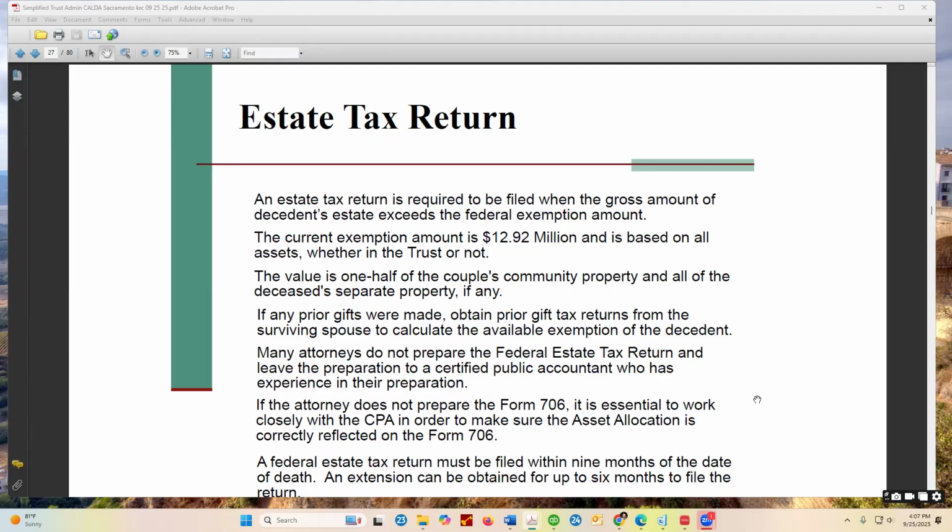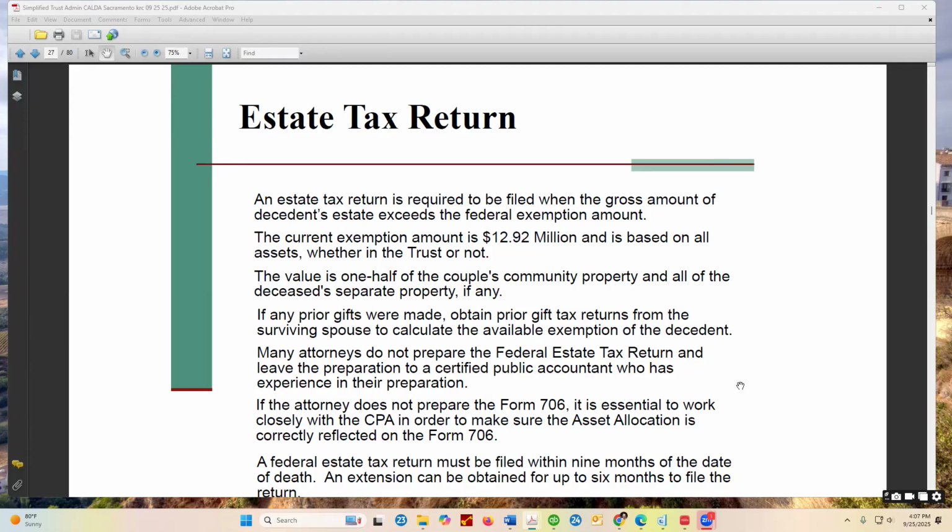And if both the spouses die, you can take that first 15 million and have it allocated so that it's not taxed. But when the second spouse dies, assuming you have an AB type trust.